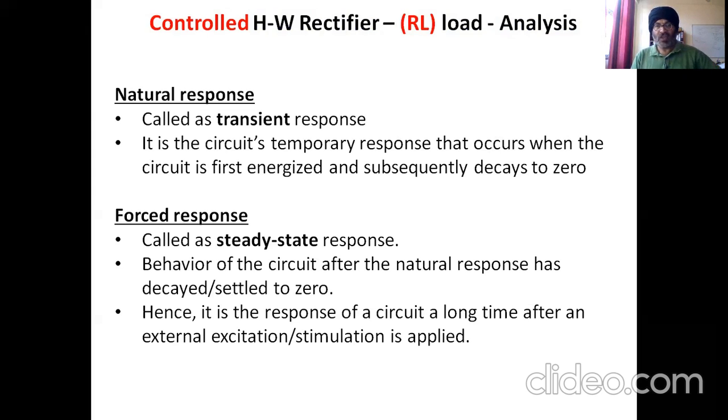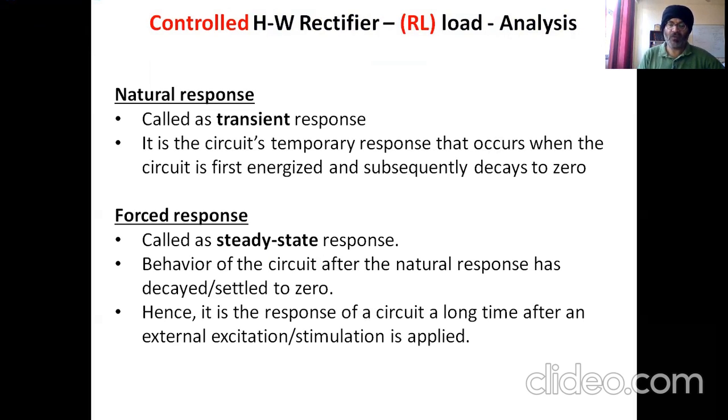That is due to the natural response. It takes time to develop from 0 to the maximum value, then it goes back to 0 and remains at 0. So the transient response is temporary in nature.